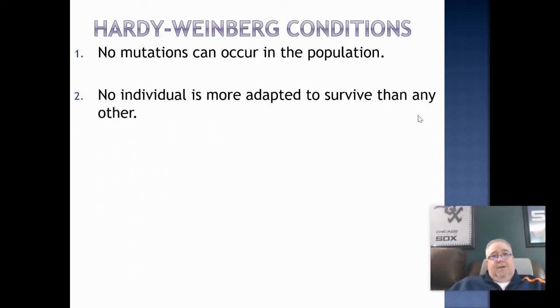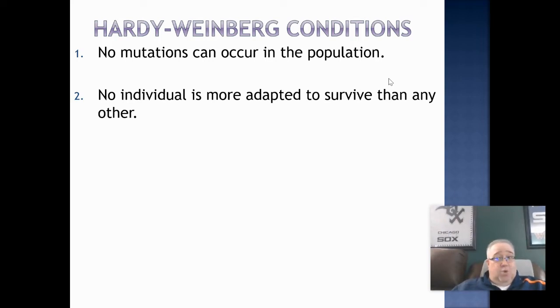Number two, no individual is more adapted to survive than any other. So we've got brown and white rabbits. Are brown rabbits or white rabbits more prone to dying compared to the opposite color? Does brown or white give those rabbits any particular advantage to survival?